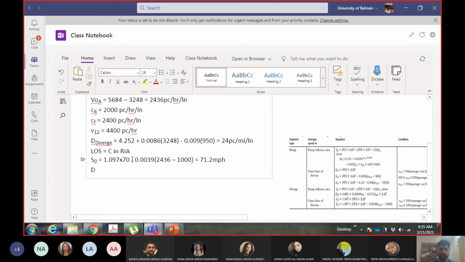So density, let me call it D0, in the outer lane will be the flow rate, 2436, divided by 71.2. That is 34.2.